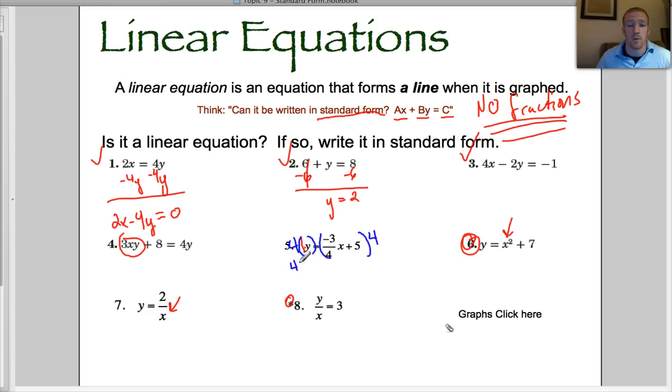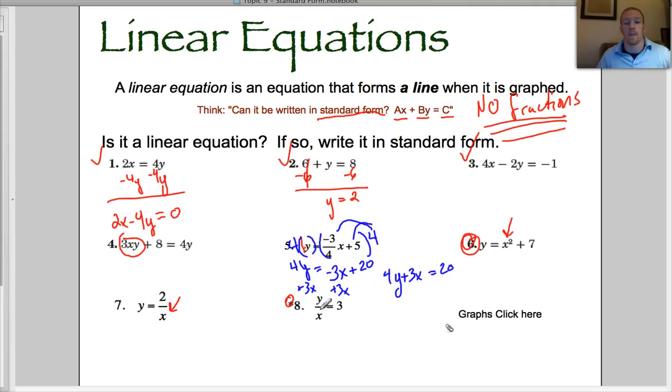Now I have 4y equals, I got to distribute this to both. 4 times negative 3 over 4 is just a negative 3x. And then 4 times 5 is 20. Now we just have to add the 3x to both sides, and we get 4y plus 3x equals 20, standard form.